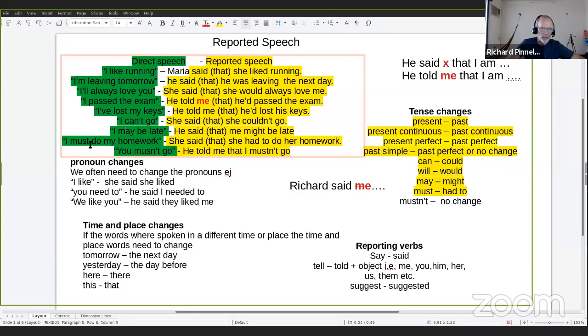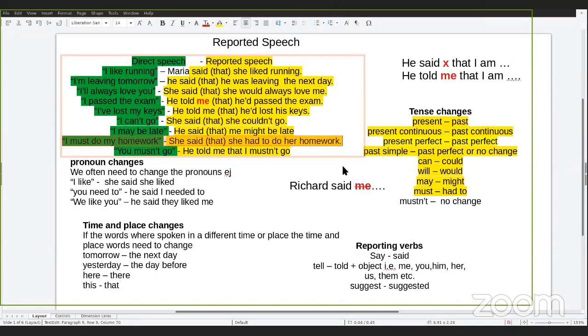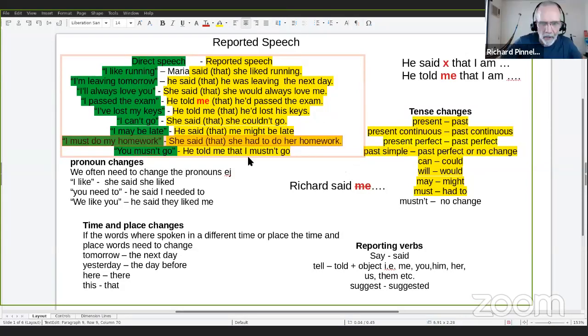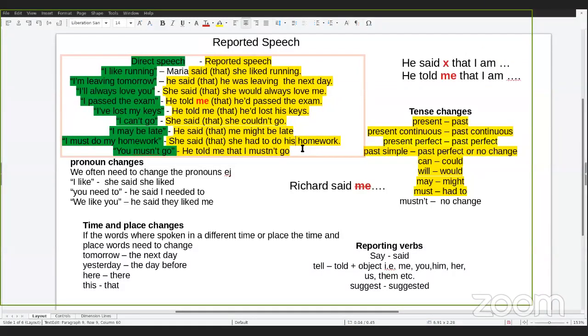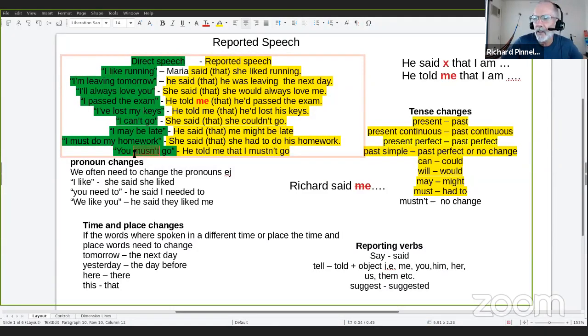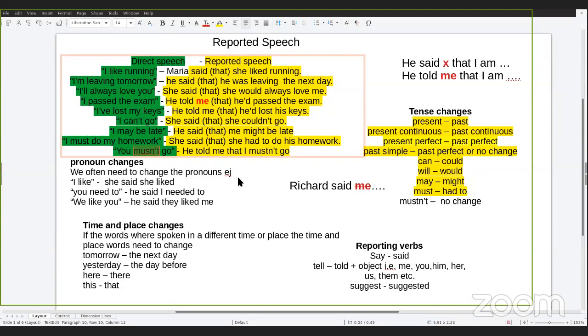Very good. I must do my homework, Israel. Richard told me she had to do her homework. Sorry. Good. In this case, because it's me, we need to say do his homework. Finally, you mustn't go, Nancy. He told me that I mustn't go.